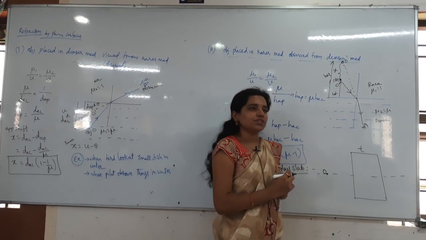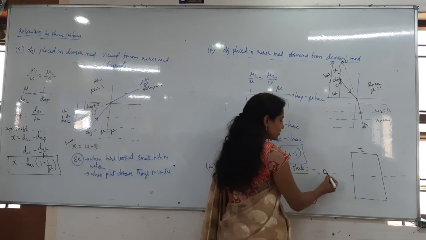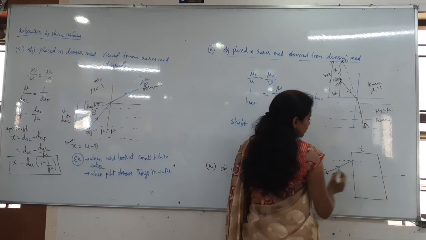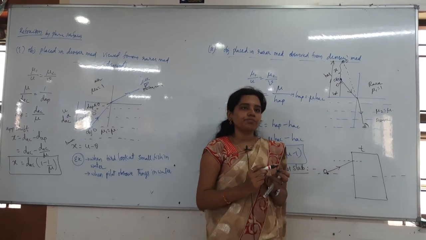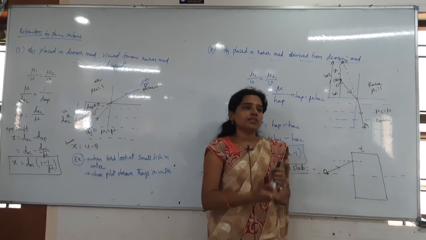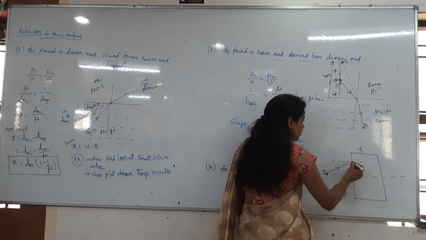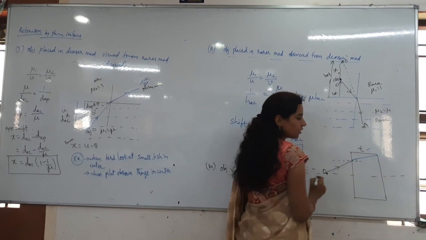Now what happens always from the object? Incident ray will come and then falls on the boundary. This is a normal drawn. Then what happens? It is travelling from which medium to which medium? Rarer medium to denser medium. Whenever it is travelling into the denser medium, then what happens? Bends towards the normal. Instead of going in this way only, it will just bend like this towards the normal.